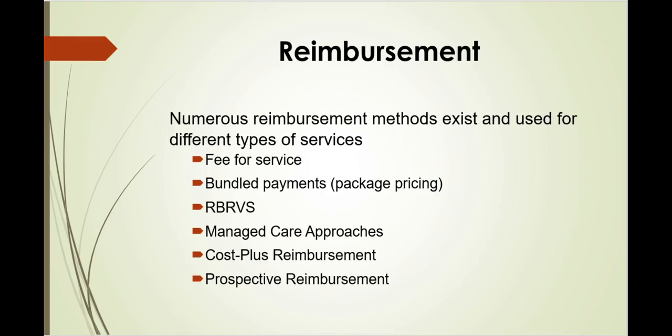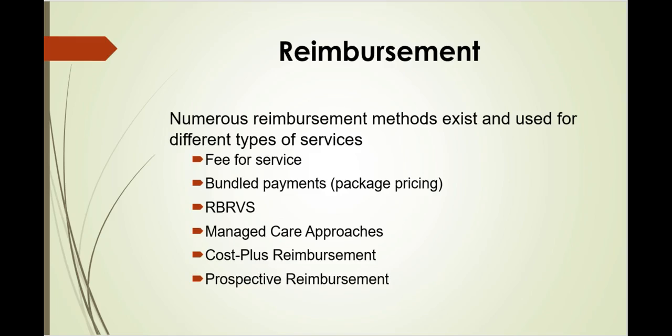Now, there are slides for each of the components that are listed, the different types of reimbursement, but I'm going through them now, and you can, of course, use your slides and go through as I am covering them. So managed care approaches, we have the preferred provider approach, which has a discounted fee schedule, and it's fee-for-service charges that are discounted.